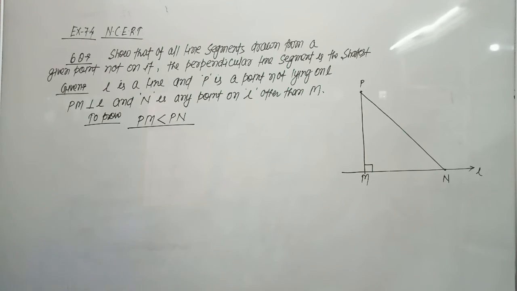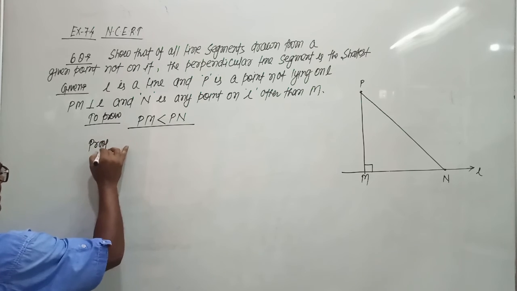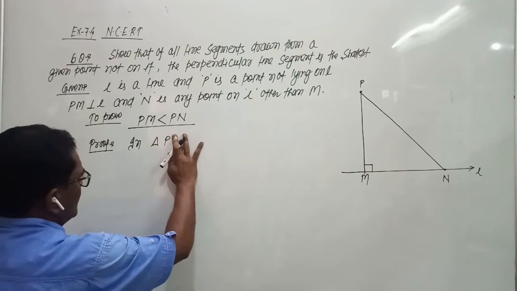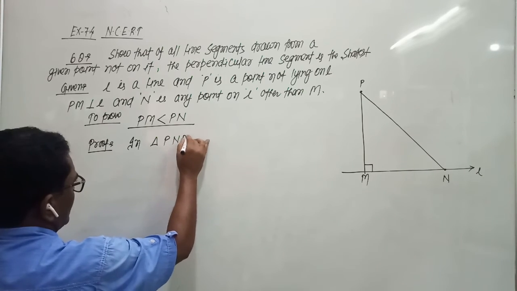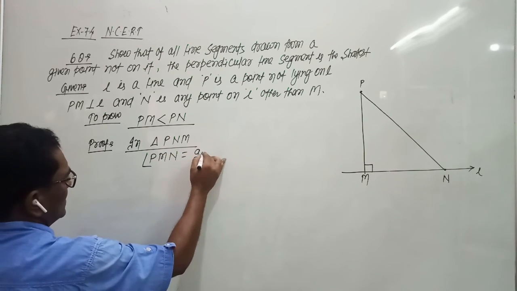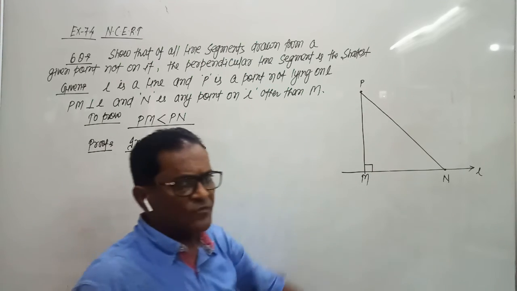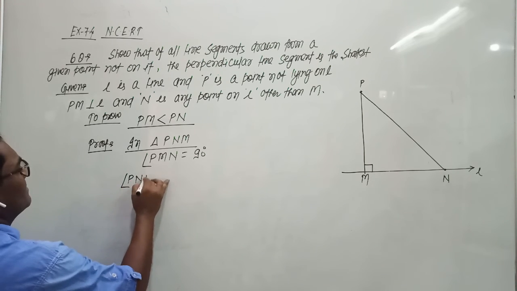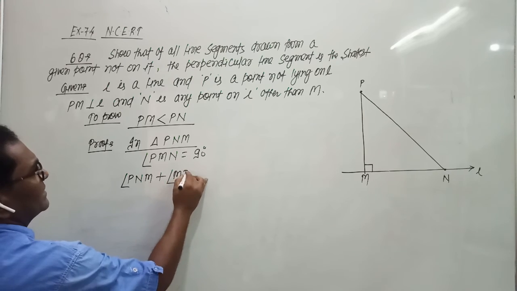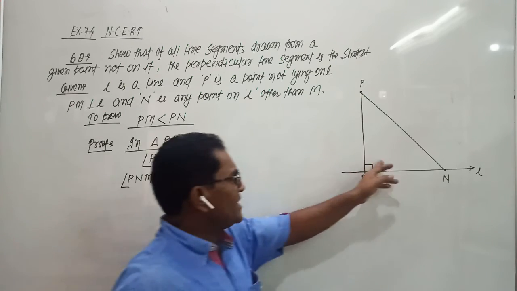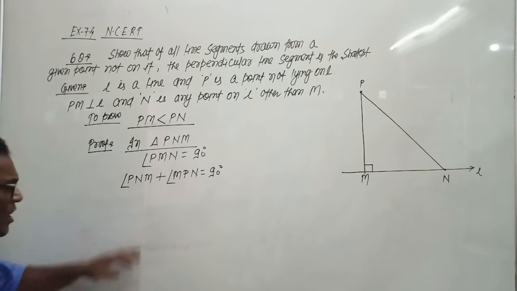So in triangle PMN, angle PMN is 90 degrees. If one angle is 90 degrees, then the sum of the other two angles will also be 90 degrees. So angle PNM plus angle MPN is also 90 degrees.